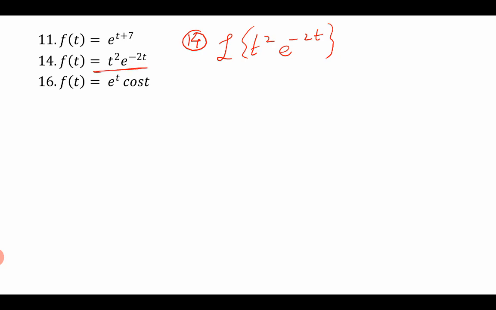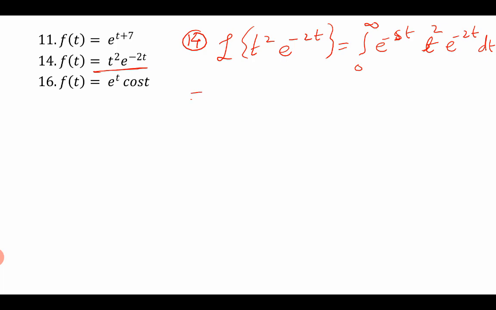See, in coming chapters we have different methods to solve these kinds of problems, but in this chapter you are asked to use the basic definition of Laplace transform, so that's why we use the integration. This is integral 0 to infinity e raised to minus st, written every time. So the second function is t square e raised to minus 2t dt.